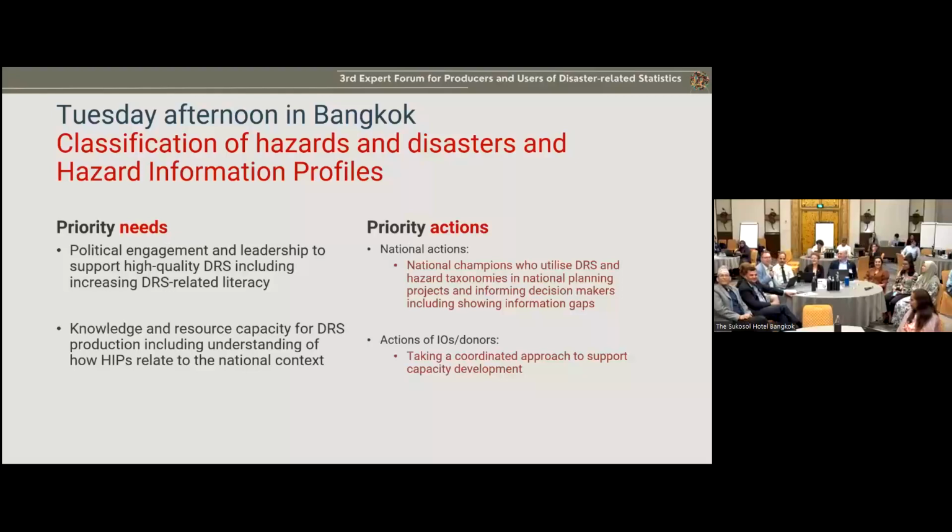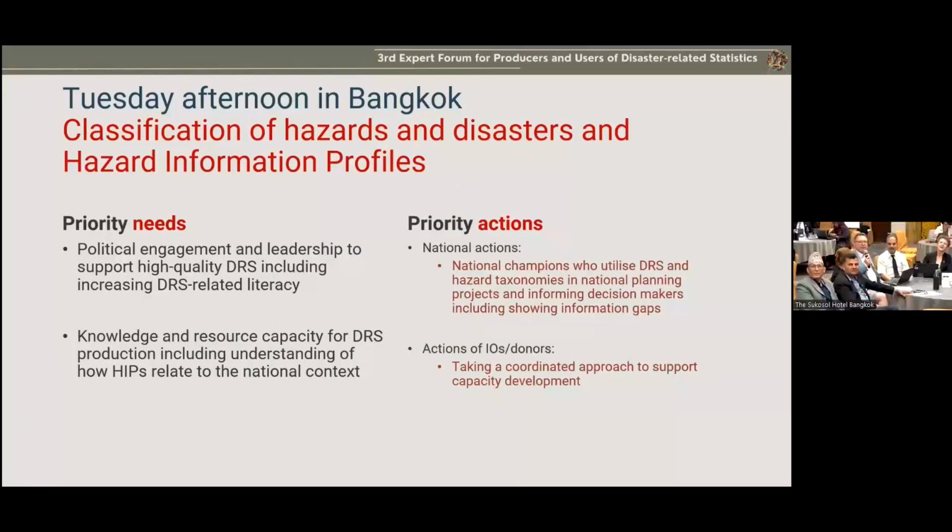So yesterday afternoon in Bangkok, we organized the afternoon in the form of a workshop where we discussed certain issues related to the classification of hazards and disasters and the hazard information profiles. This was organized by Kanta, who already spoke today, and the team from the UK Health Security Agency.